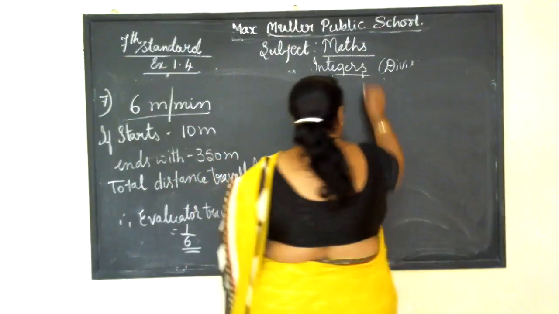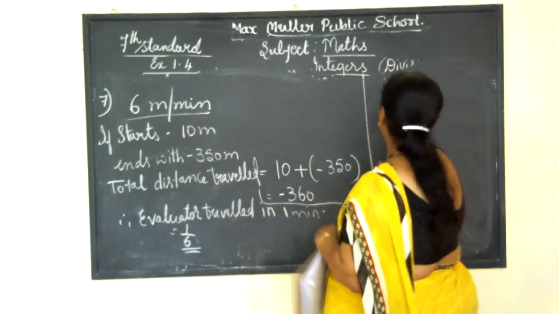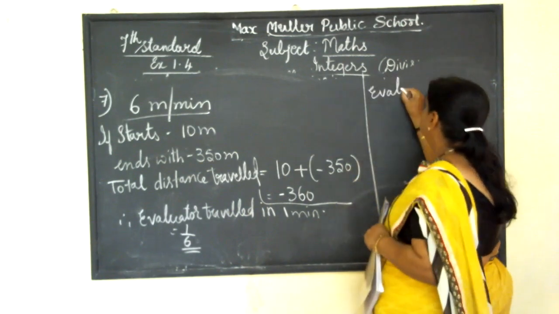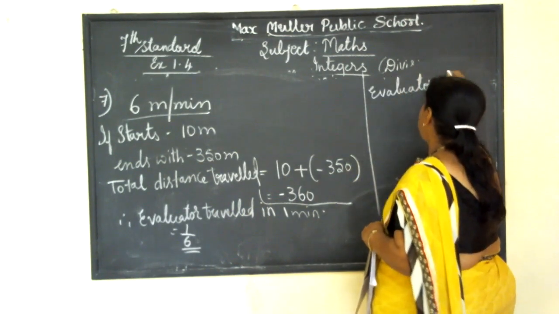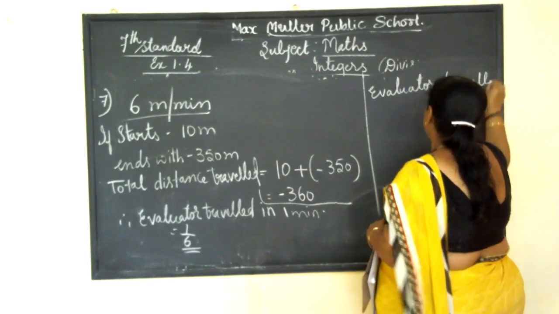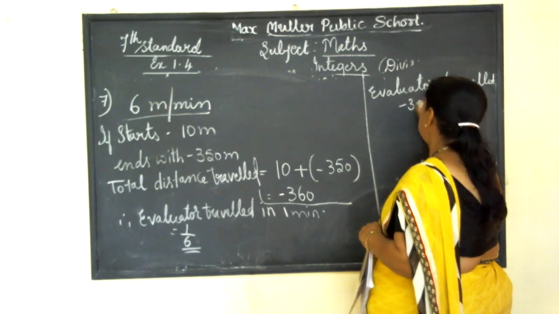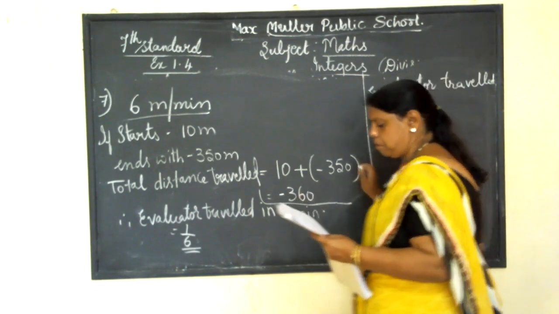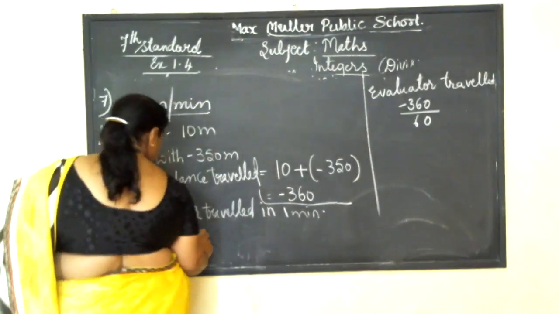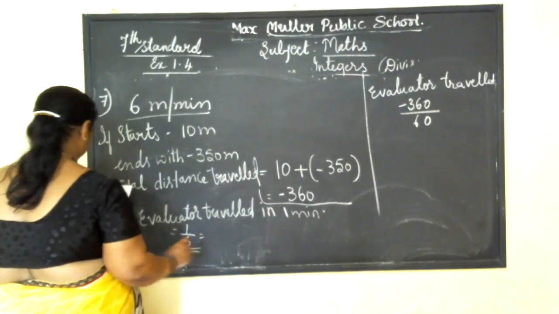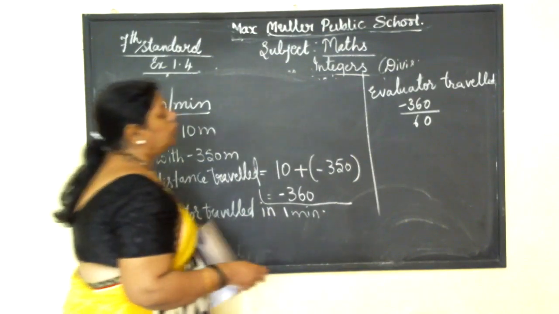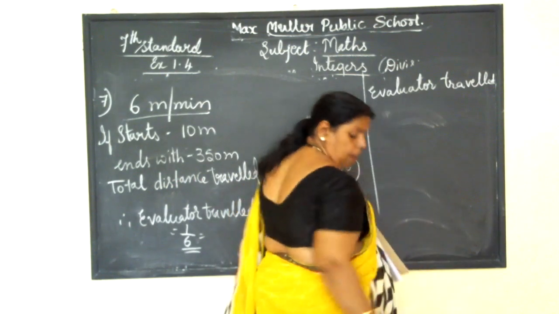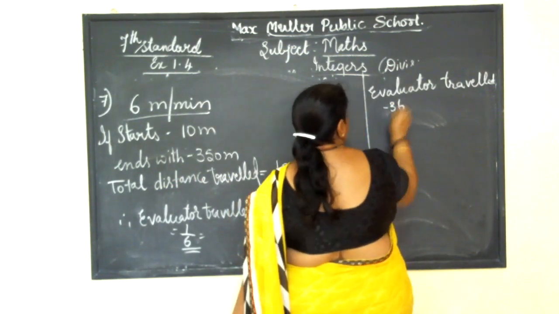So, for 360 the elevator traveled in total, minus 360 divided by 6 per minute. Here we will take seconds. Minus 360, I'll say, you wait, 360.